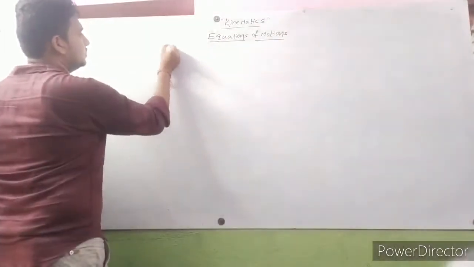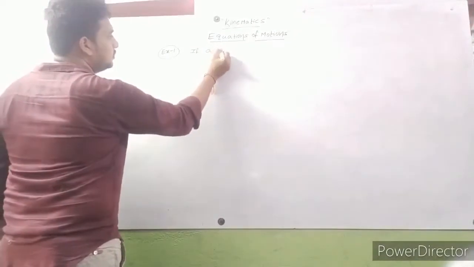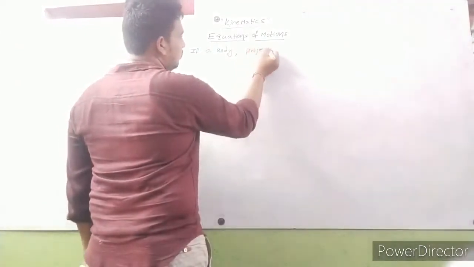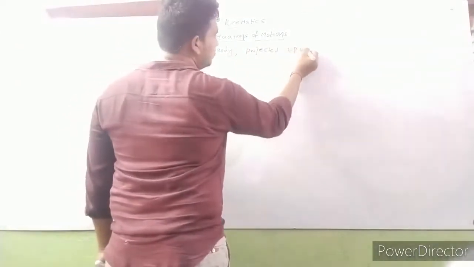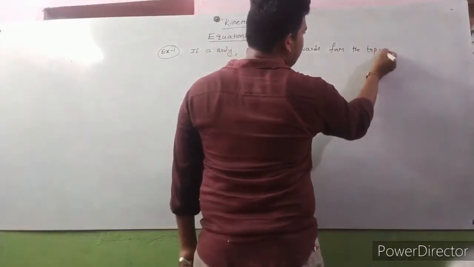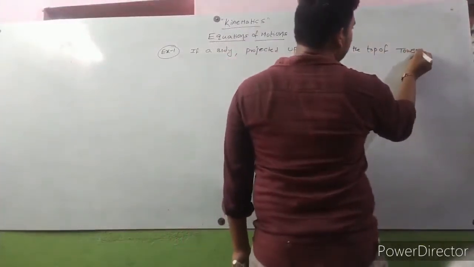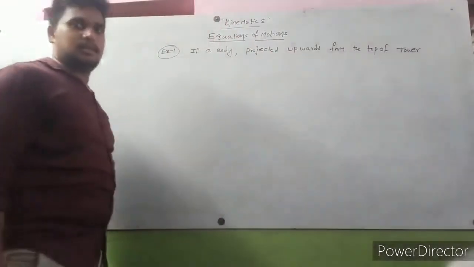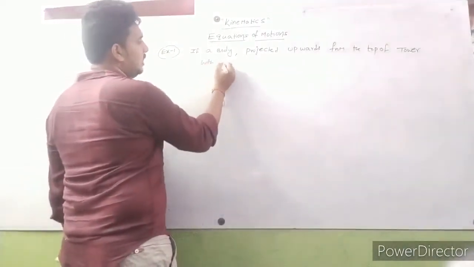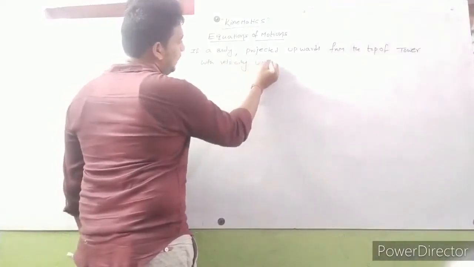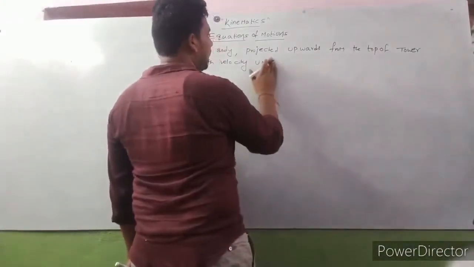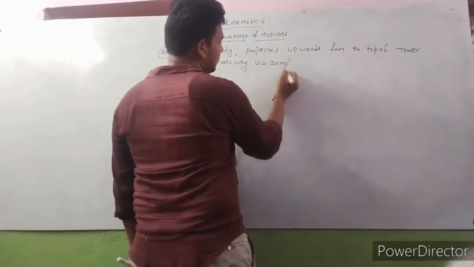Example 1. A body is projected upwards from the top of a tower with velocity u meter per second, that is u is equal to 20 meter per second.